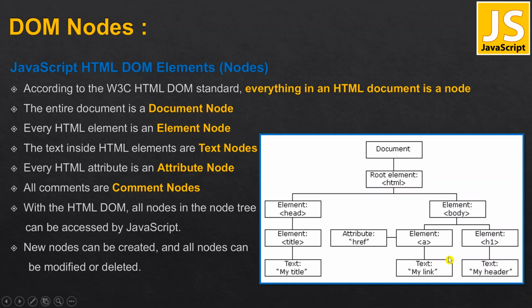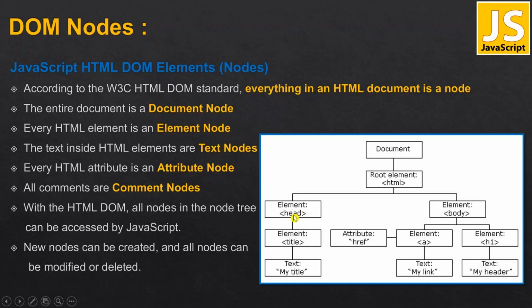I have shown it diagrammatically here. This is the entire document. The entire document has an HTML element, which is called the root element. This HTML element is subdivided into two sections: one is the head section and one is the body section. This is called the head element and this is called the body element.